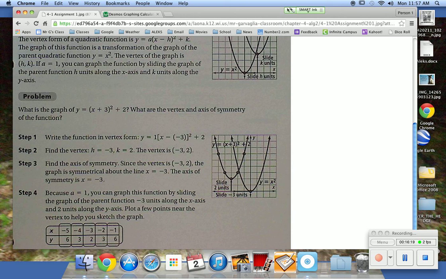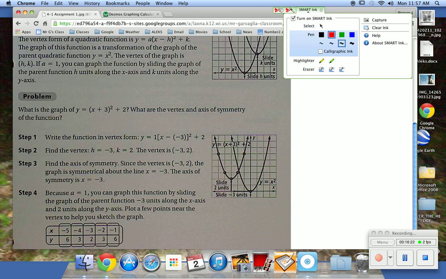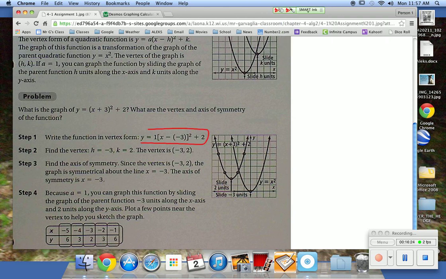If I'm going to take my h value, it's really x minus h here, and we've got an x plus 3 here. We're going to change the sign on that one, so it's going to be a -3. So here's where our vertex is on that one. Where would be our line of symmetry? Wherever that x value is.